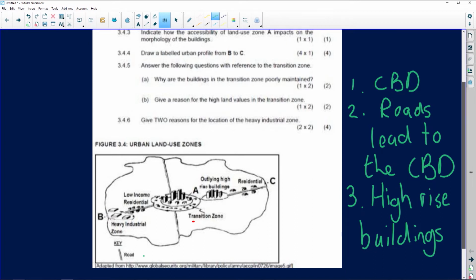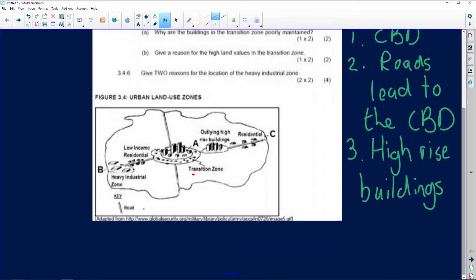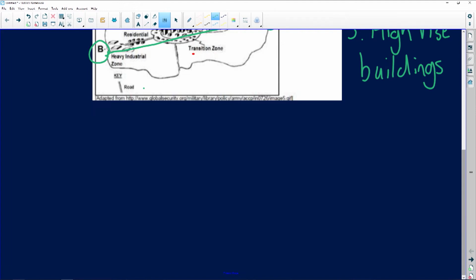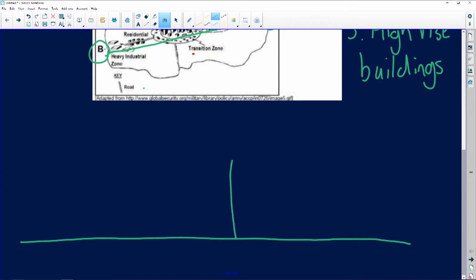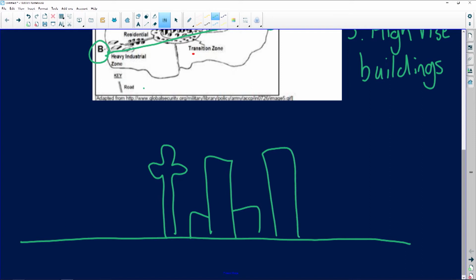If we look at our diagram, we need to construct an urban profile from B all the way to C. Now, if we look at that urban profile, it's basically a cross profile. For instance, over here, we start right in the middle. We got our high-rise buildings over there. I'm using Joburg. There's the Hillbrow Tower, and there's the Ponte. Then we got the transition zone over there.